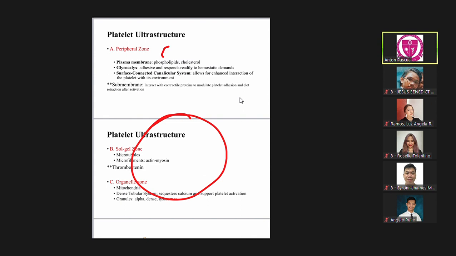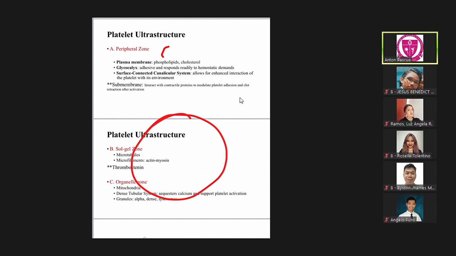Kasi remember this, as platelets circulate in your body right now, platelets technically are inactive. Pag inactive yung platelets natin, you will not form clot. Okay? So, when do we activate platelets? What do you think?